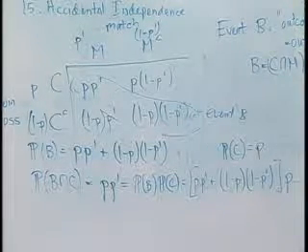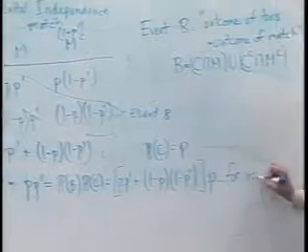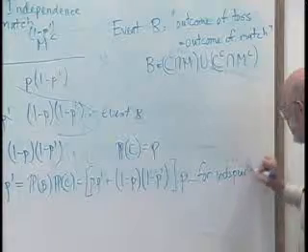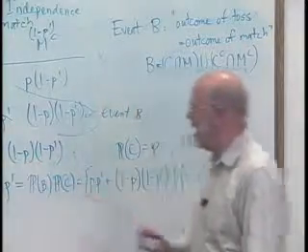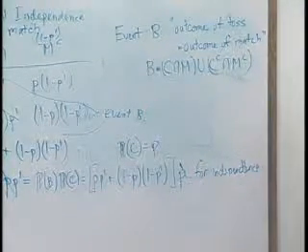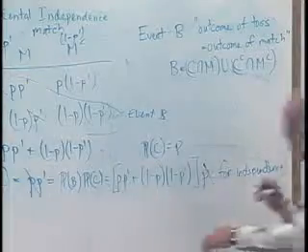Okay, let's check that this is true. This is what we need for independence. Well, P cancels from both sides. So, what do I have?